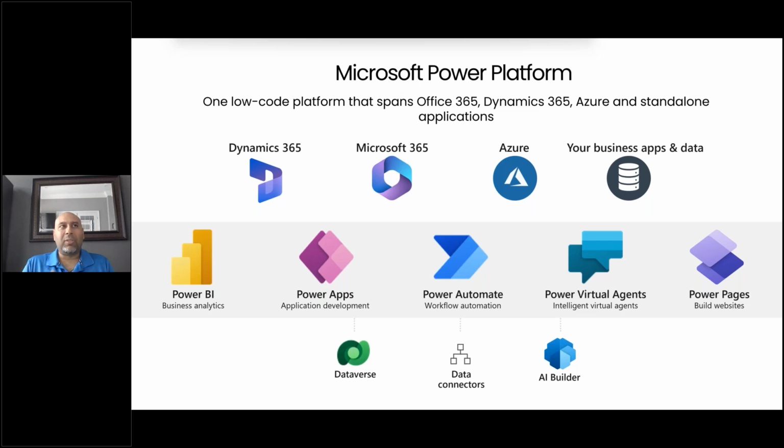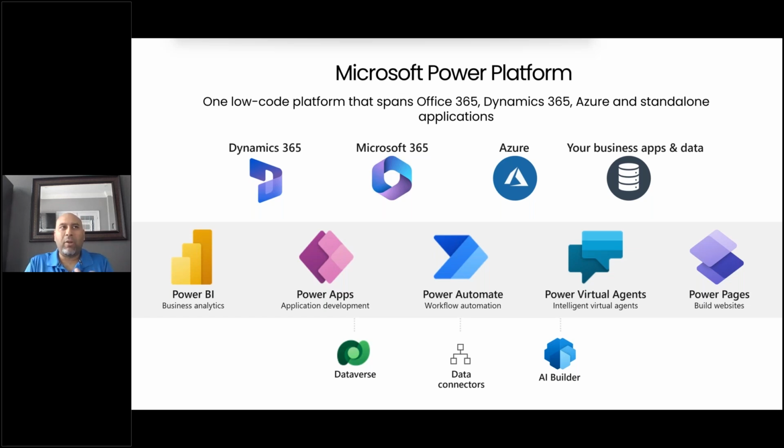Data connectors allow you to really connect to any data source. Now, there's a lot of connectors that Microsoft provides for first-party Microsoft services, whether it's SharePoint or OneDrive or Teams. Say you want to pop up a message in a conversation, but they're also non-Microsoft connectors like MailChimp, SAP, OpenText, you name it, Workday, Salesforce.